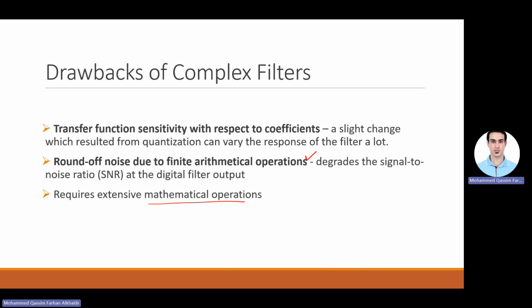However, because we have real and imaginary values, I'm doing round-off in two dimensions, so it has more impact when compared to real valued filters. The transfer function is also more sensitive to the coefficients. Now we have the real part and the imaginary part for the coefficients, so changing one might affect the whole response of the filter, unlike real valued filters, where you only have real valued coefficients.